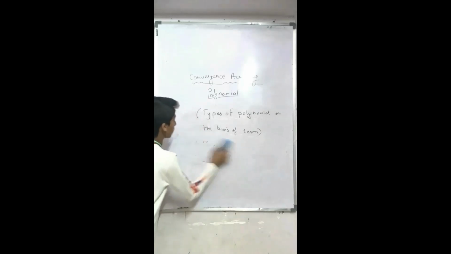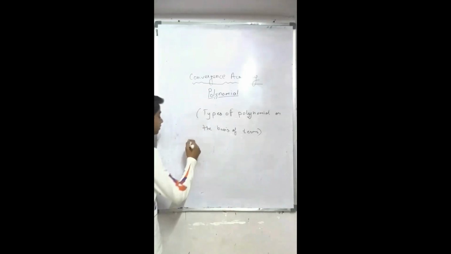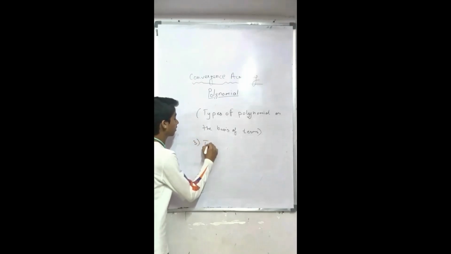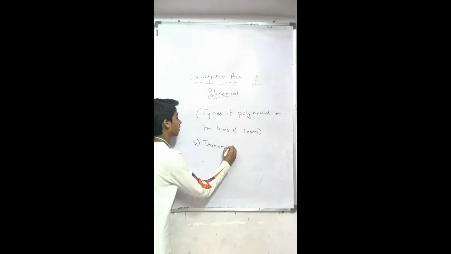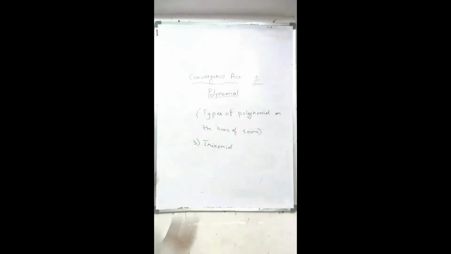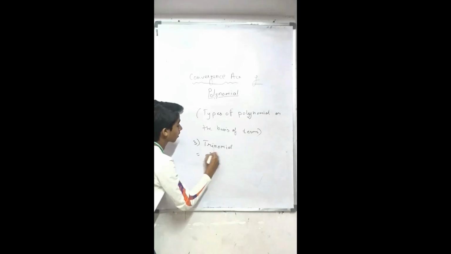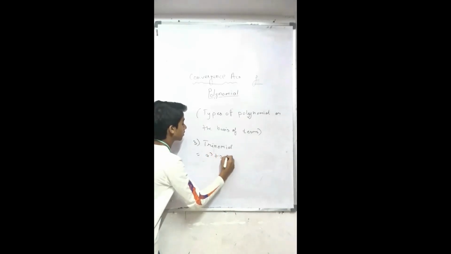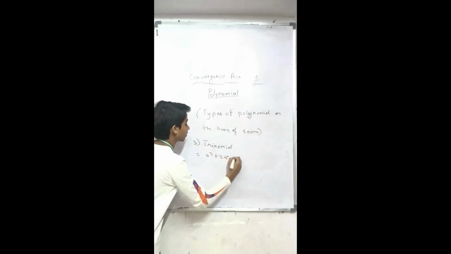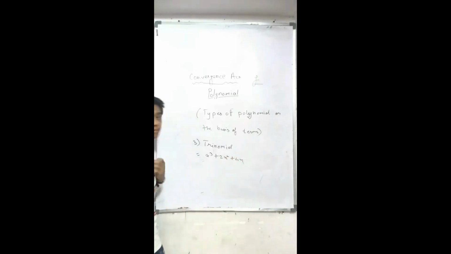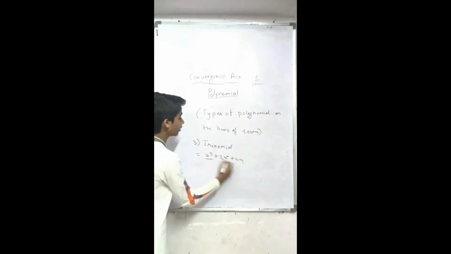Trinomial has three terms. Okay, so how many terms do you see here? 1, 2, and 3.